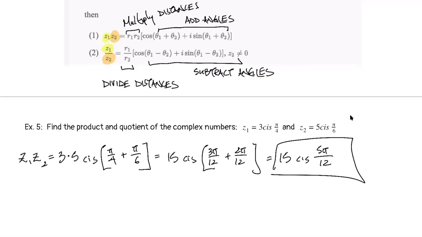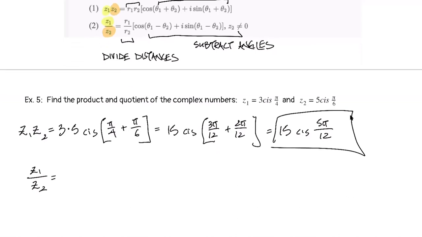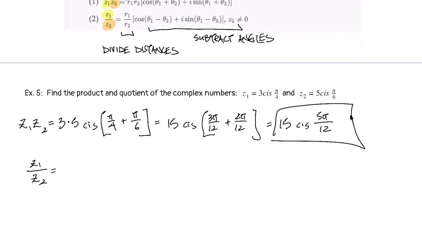And if I ask you to divide those, Z1 divided by Z2, let's take our numbers and we divide those distances, but our angles, we're going to subtract those.